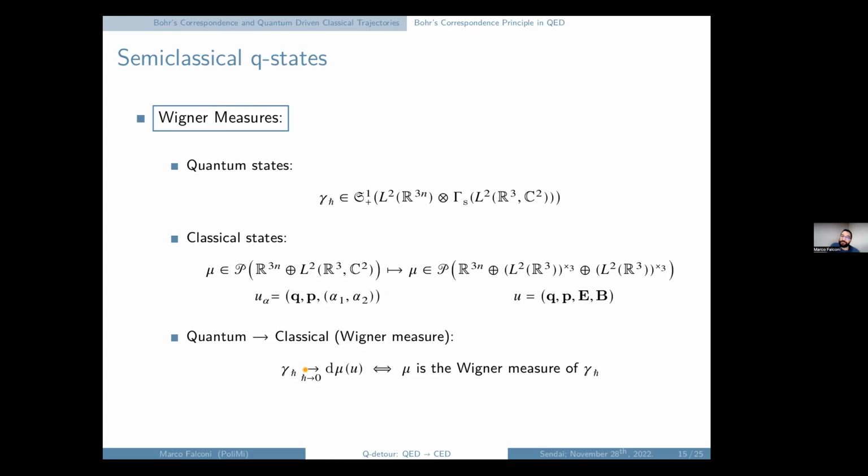And if this gamma h as a state converges to the probability measure, I will tell you how the convergence is realized very soon, we say that mu is a Wigner measure. This is terminology borrowed from standard semi-classical analysis, of this state gamma h.